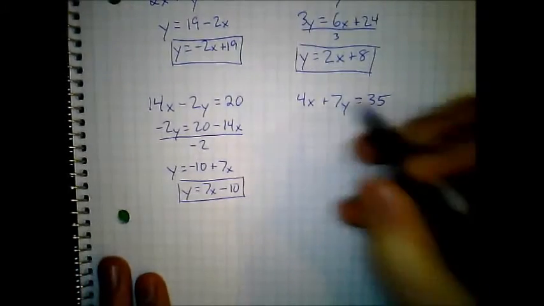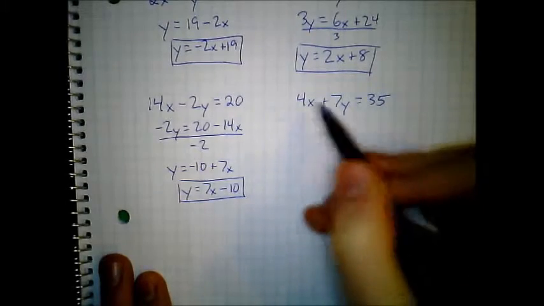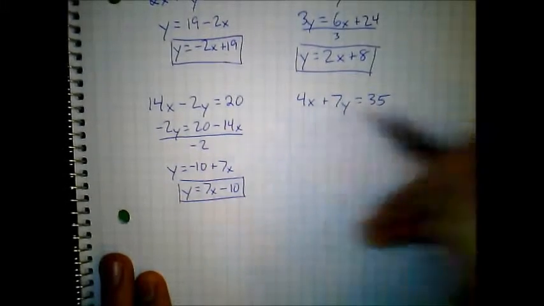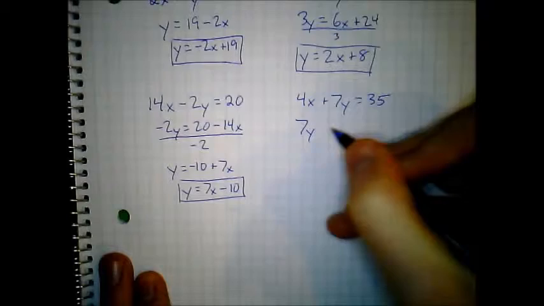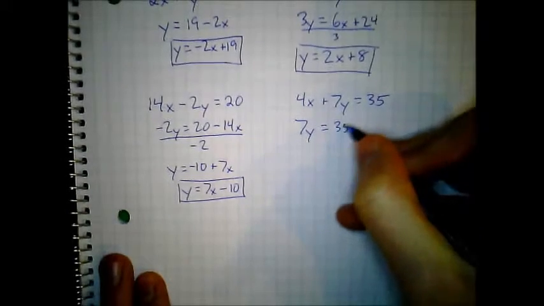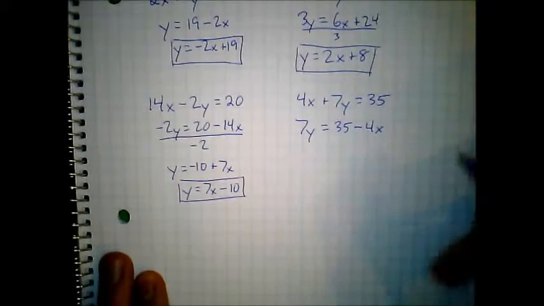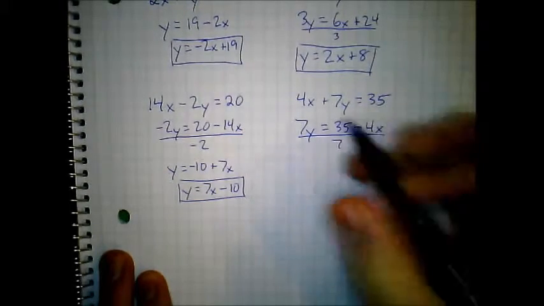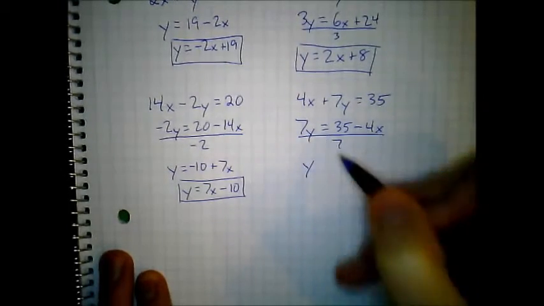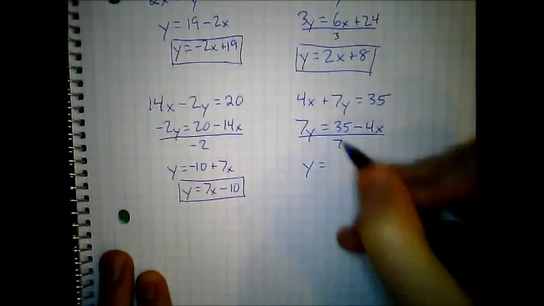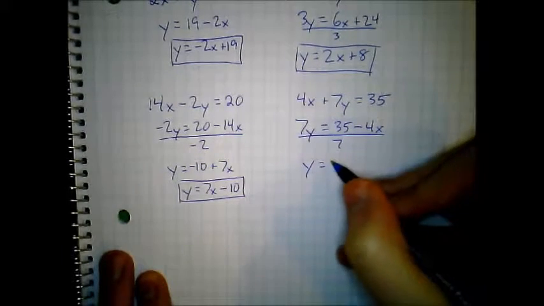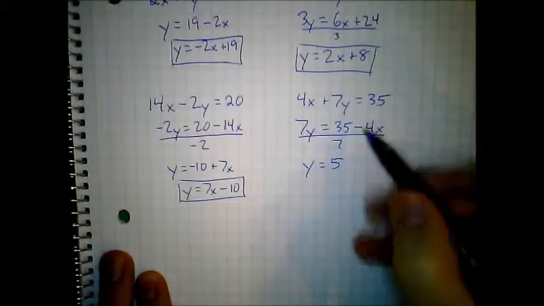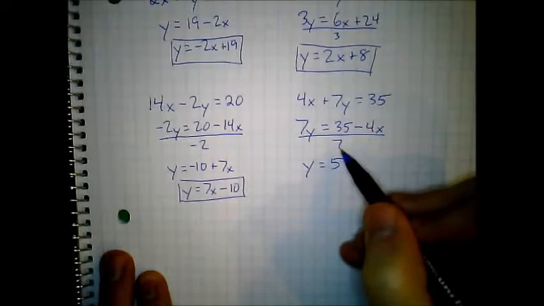In our right example, first thing I need to do is get rid of my positive 4x that is with my y, so I'm going to subtract 4x from both sides. So 7y equals 35 minus 4x. Divide everything by 7. So we have y, because we don't know what each y is, so each y equals 35 divided by 7 is 5. Now I'm not afraid here. We have minus 4x divided by 7.